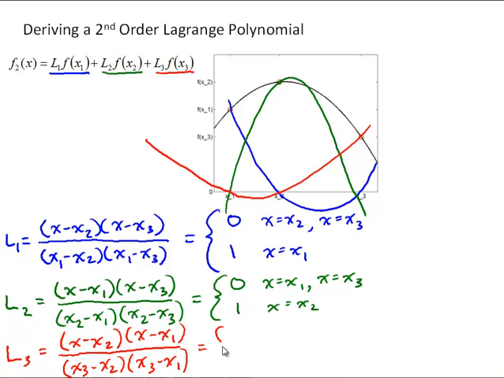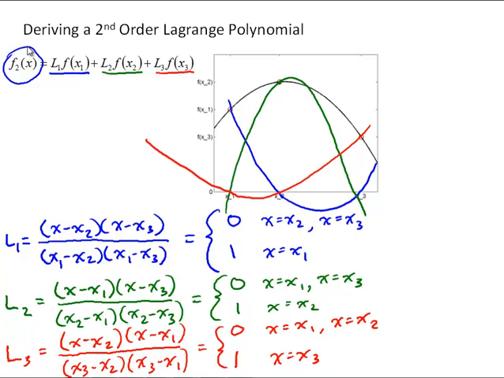And again, that weighting coefficient will be equal to 0 where x equals x1 and x equals x2, because either of those terms would be 0 in those cases, and 1 where x equals x3. And so together, these three weighting coefficients multiplied by the y data, f of x1, f of x2, and f of x3, formulate that second order Lagrange polynomial.